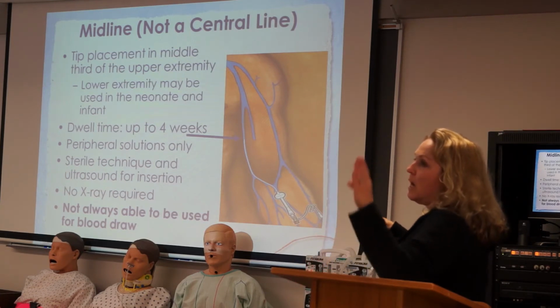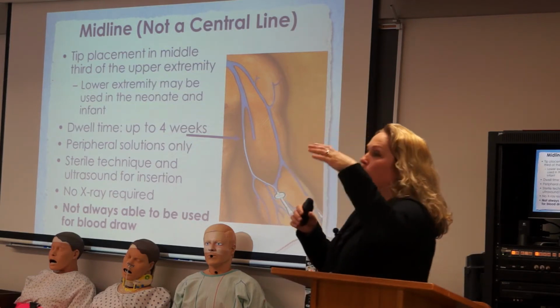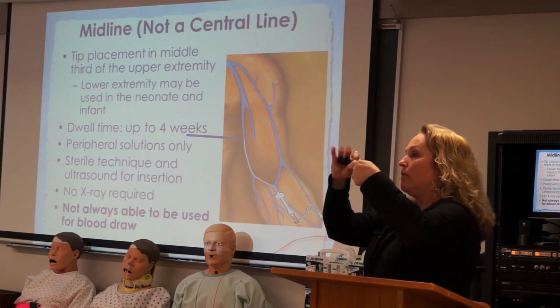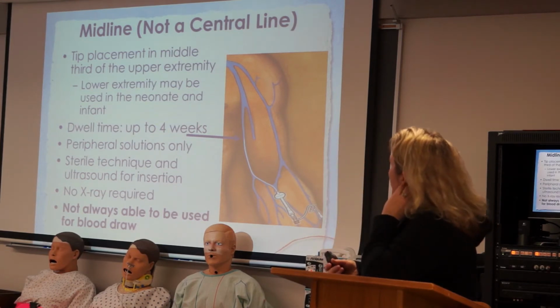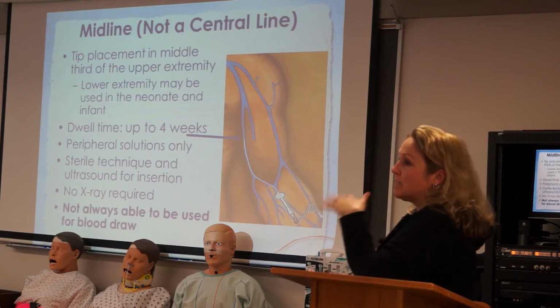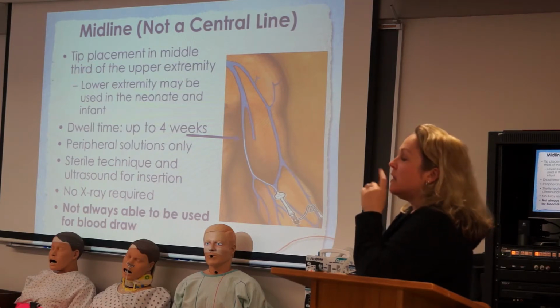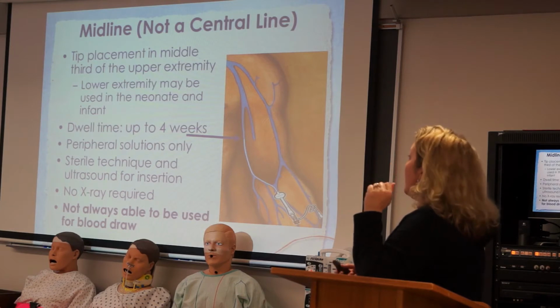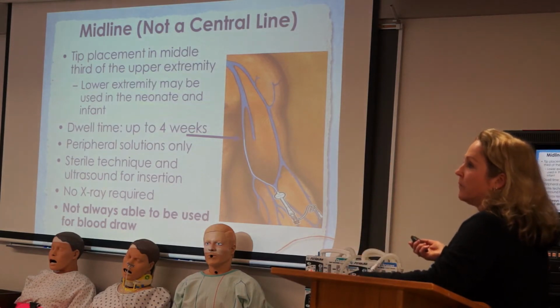Over time they kind of collapse in, or depending on what vein they're in, when you go to pull back, the vein may collapse down. So you may or may not be able to get blood out of them. If you can't get blood but it's flushing well, don't be alarmed by that if it's a midline. If it's a PICC, it's a problem. If it's a central line, it's a problem. You always should be able to get blood back out of those. But midlines, you may or may not be able to. The longer they're in, the harder they are to get blood back from.